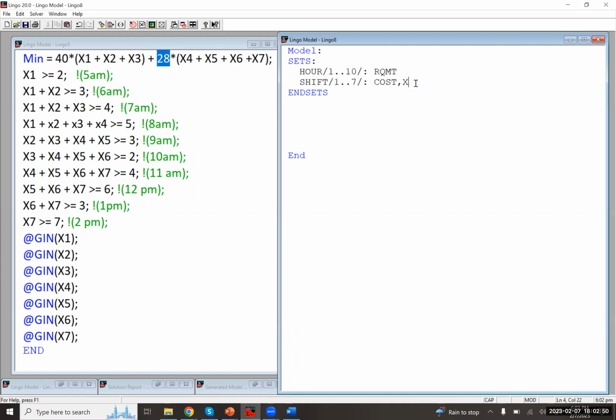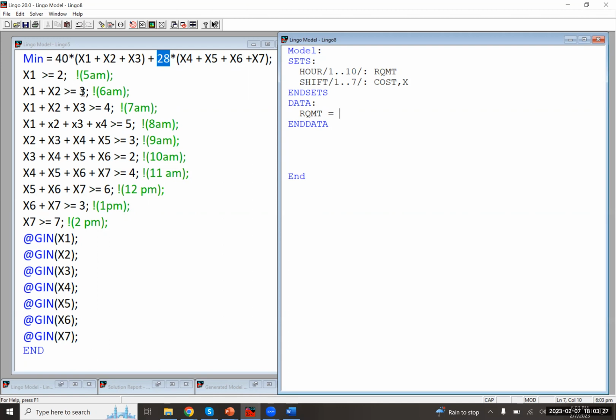Next, we input the requirements and the cost for each hour in the data section. So the data section also starts with data colon and ends with end data. Make sure these are all blue, which are the Lingo function names. So for RQMT, we're going to input the requirements.